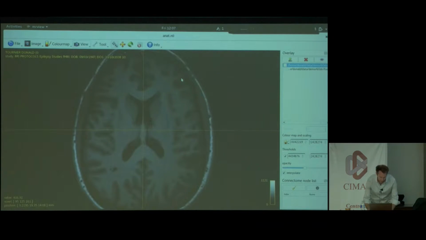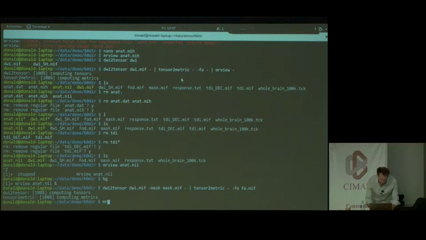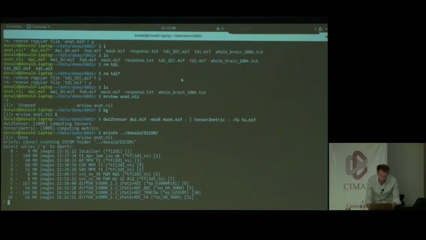As a little word of advice, I always recommend to people to go back to the DICOM data if they can and stick everything in MRtrix, especially the MIF format, because all this information gets stored in there. If I look at my DICOM data here, this is pure, straight off the scanner. I look at the diffusion weighted image dataset, which is number 7.